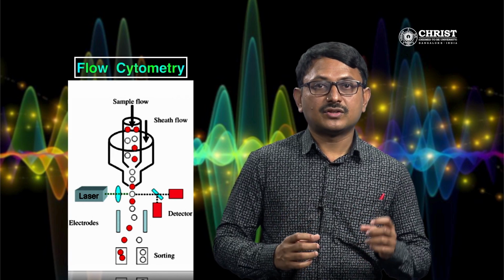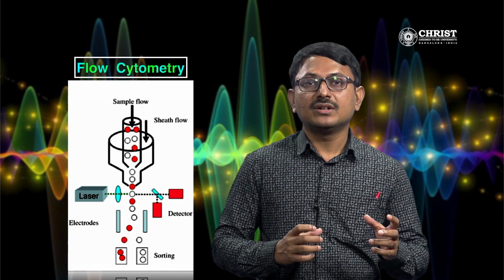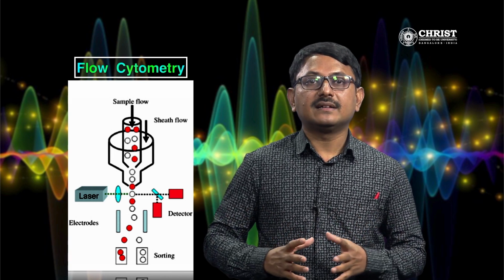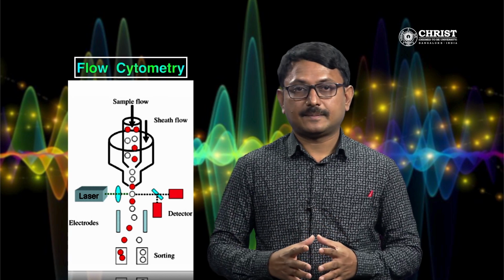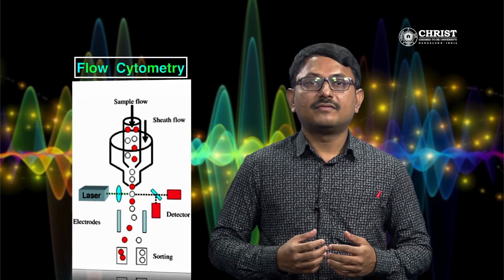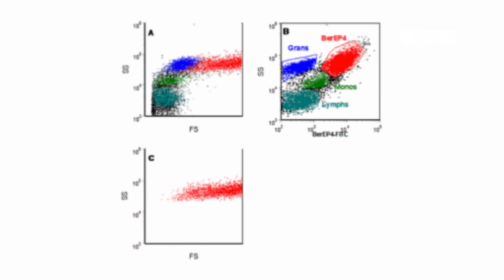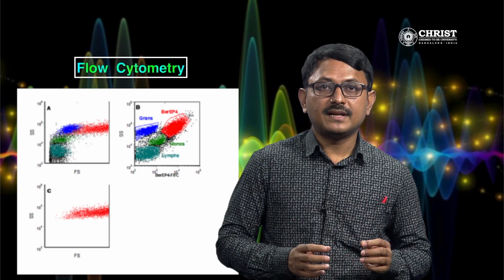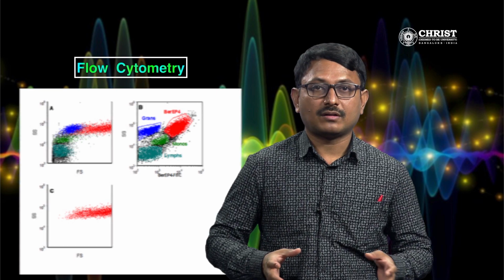Some instruments have a sorting feature in the electronic system that can be used to change the charge and deflect particles so that certain cell populations can be sorted for further analysis. The data are usually presented in the form of single parameter histograms or as plots of correlated parameters, which are referred to as cytograms. Cytograms may display data in the form of a dot plot, contour plot or a density plot.